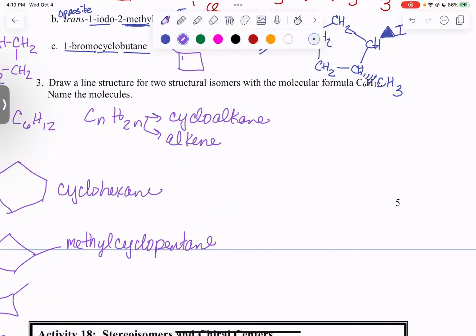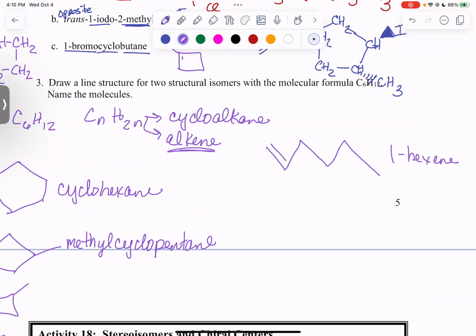So then let's talk about the alkenes. So the alkenes that we could do, let's do this. We need to have a carbon-carbon double bond, and we need to have 6 carbons. So that's 1, 2, 3, 4, 5, 6. So if I put in a double bond, this would be 1 hexene.